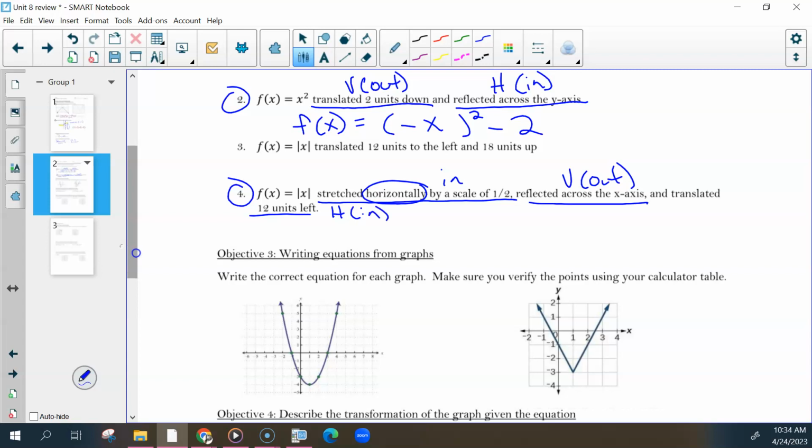Okay, so we can start to write our equation. F of x equals, do we have a number that's going to go outside of the absolute value bars? A vertical stretch, compression, or vertical reflection? Do you have any of those? You have horizontal stretch and the reflected. So how would we write the vertical reflection? Just the reflection on the outside.